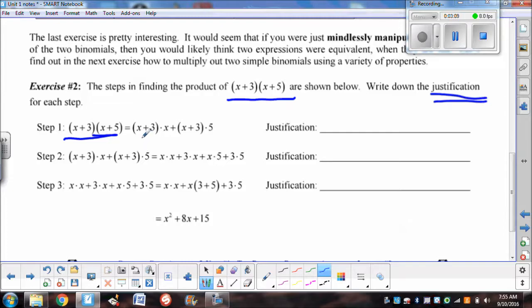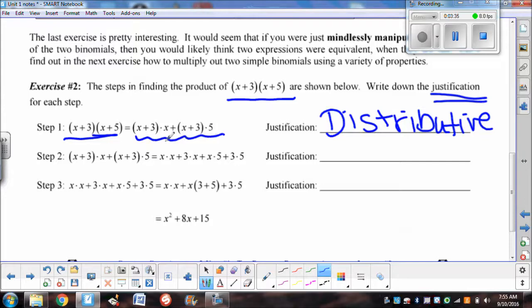If we take a look at this, we see that there's x plus 3 times x, and then we have x plus 3 times 5. They took this binomial and multiplied it by x, and then took the binomial again and multiplied it by 5. That's just a different way to use the distributive property that you haven't seen so far. Now, how did we go from this step?